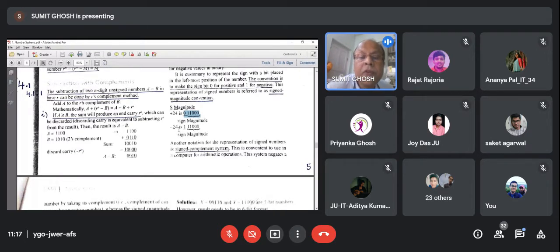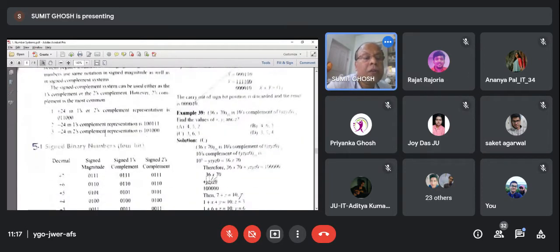Now minus 24 in sign magnitude is: leftmost bit is 1, other bits are same. Now plus 24 representation in both conventions is the same. So how to represent minus 24 in the other convention? You take the ones complement of this.